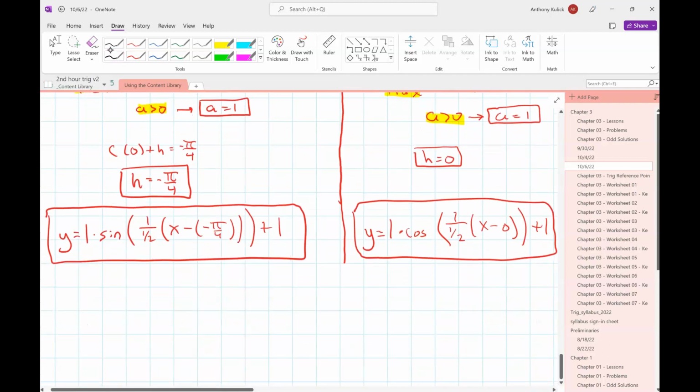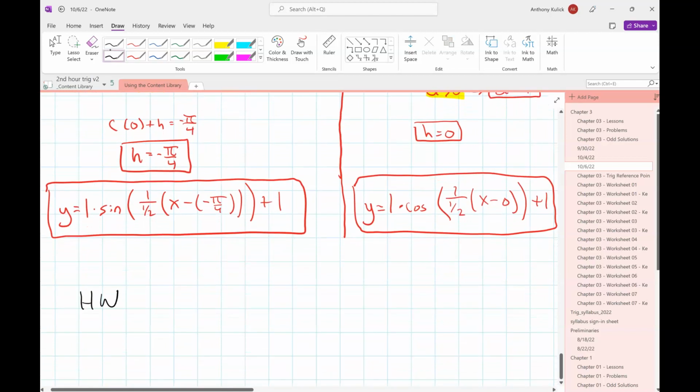Okay, so for homework, you guys should be able to do numbers 5 and 6, and then 7 and 8, so let's just call it 5 through 8.